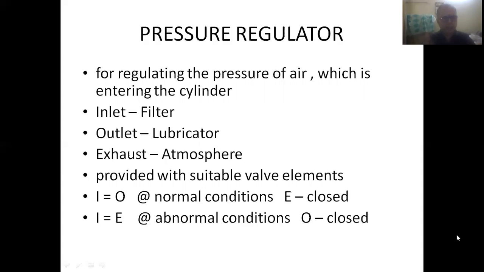So friends, inlet must be connected to the second filter and outlet must be connected to the lubricator, and exhaust will be connected to the atmosphere. Now, under normal conditions, inlet will be in contact with outlet and exhaust will be in closed position.